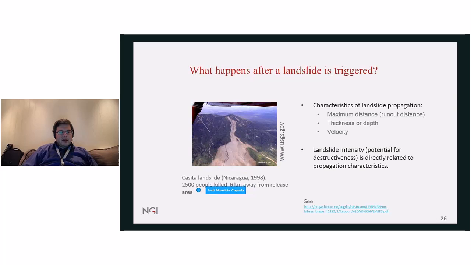So 2,500 people were killed this far from the initiation area. So in this case, you see, in spite of the long distance, the initiation area was relatively small, a few hundreds of meters, and the consequences were very dramatic.